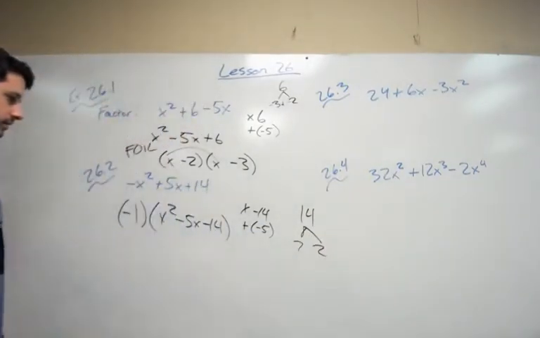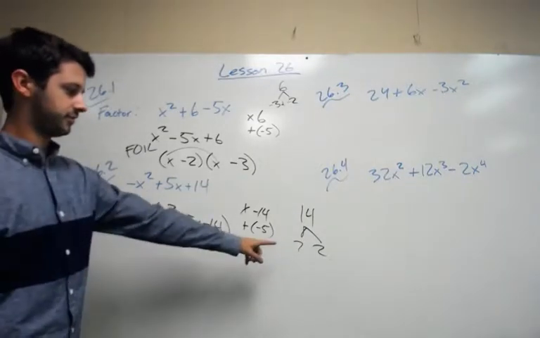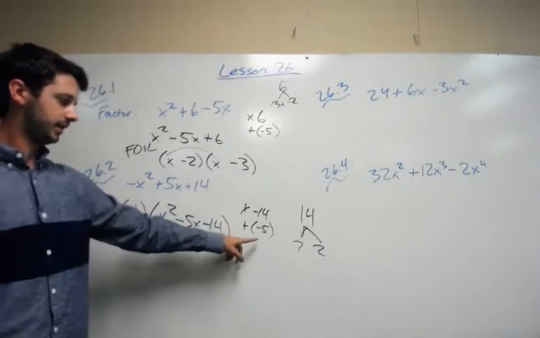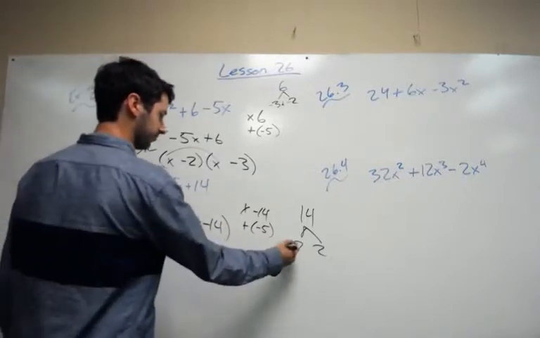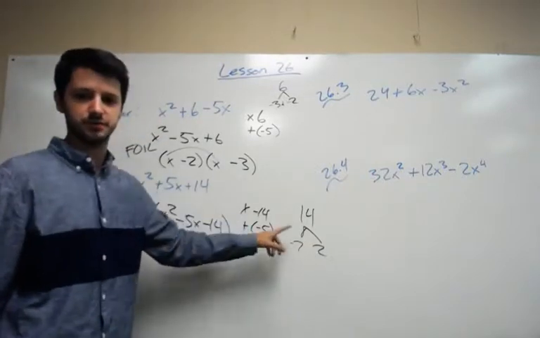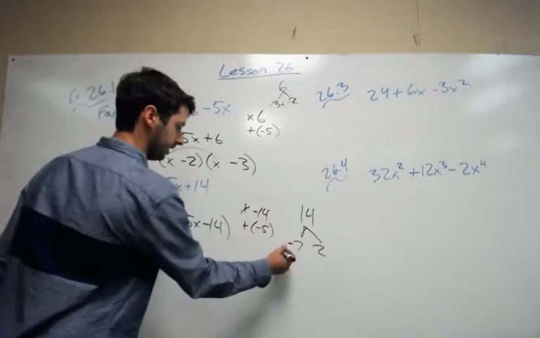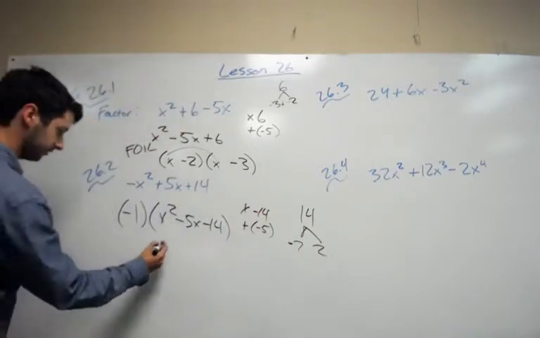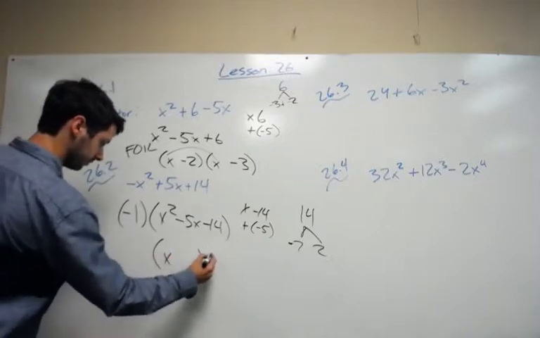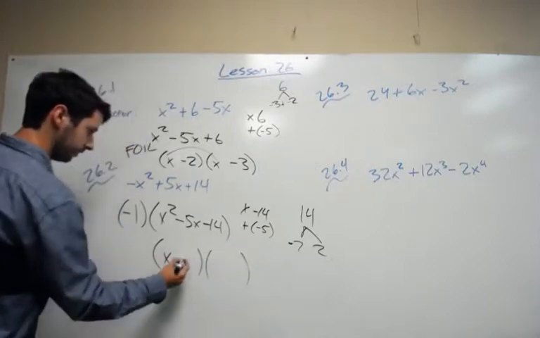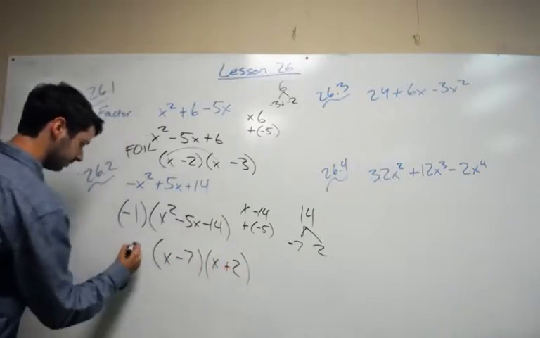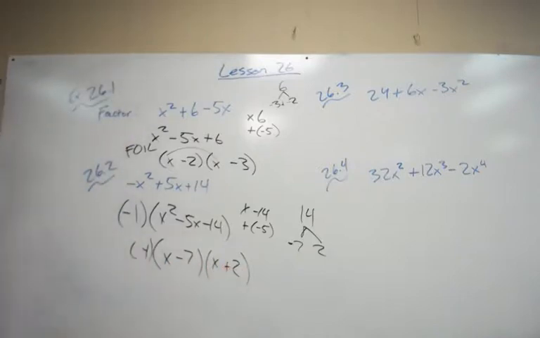Well, one of those is going to have to be negative to equal negative 14. If we do negative 7, for example, negative 7 times 2 is negative 14. Negative 7 plus 2 would be negative 5. So therefore we could say x minus 7, x plus 2, and then we've got the negative 1 there.